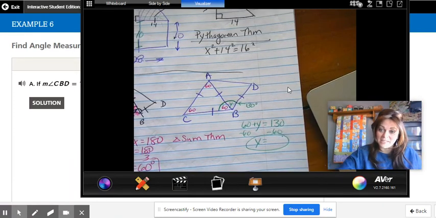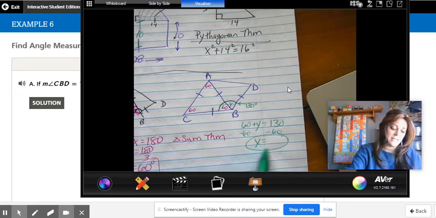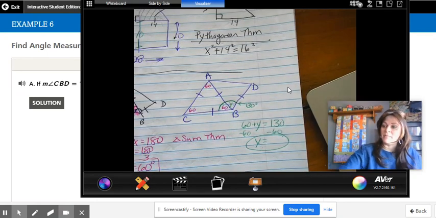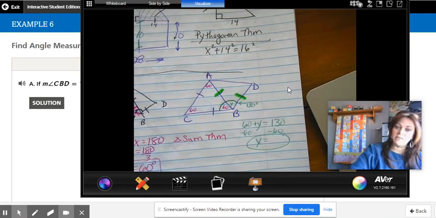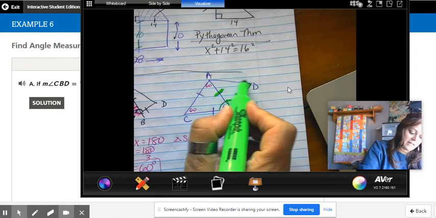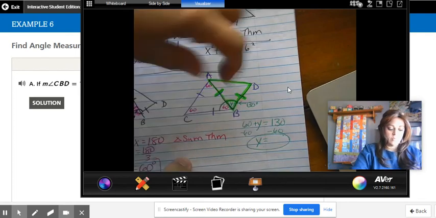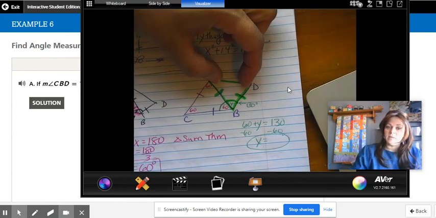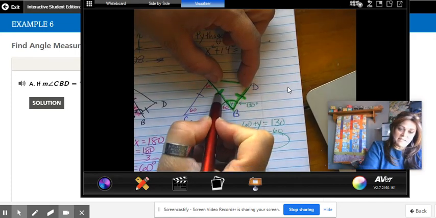Notice I'm not giving you the answer. Okay, once you get y, you're going to plug it in here. And I'm going to highlight something again. See those tick marks? If I knew the measurement of angle y, I'm hoping you can get these two angles, because those two angles will be congruent because this is an isosceles triangle.